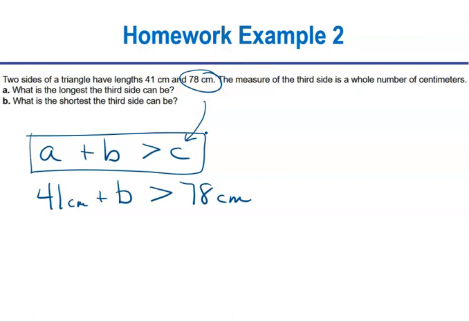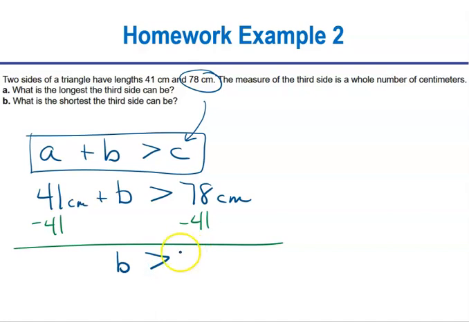So how do I find out what B is in this case? Well, I use my addition property of equality, and I subtract 41 from both sides, and that gives me B is greater than 78 minus 41, which is 37 centimeters. So B has got to be greater than 37 centimeters.